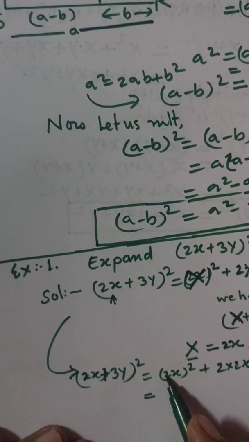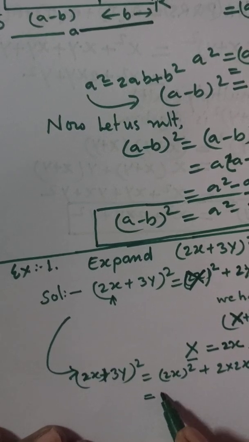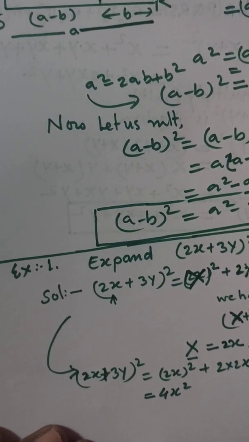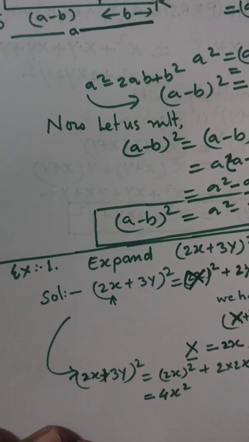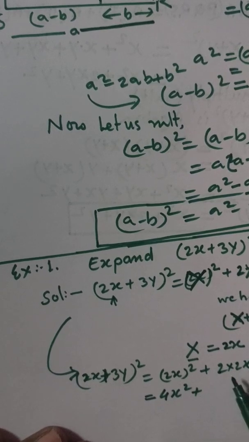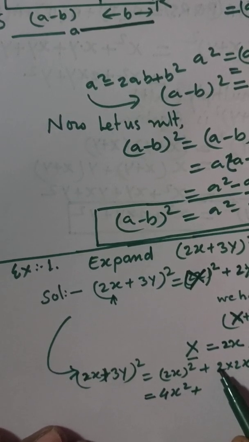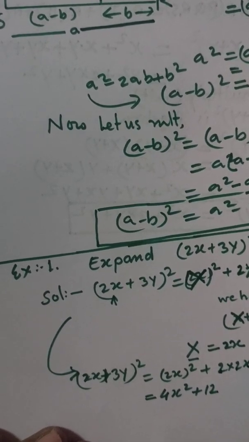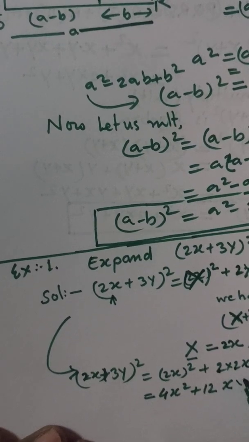Therefore, the square of 2x is equal to 4x square. Here, the square of 3y is equal to 9y square, plus, if you multiply 2, firstly the number 2 into 2 into 3, 2 twos are 4, 3 fours are 12, x into y, xy.